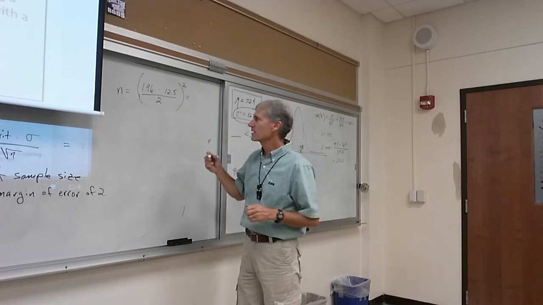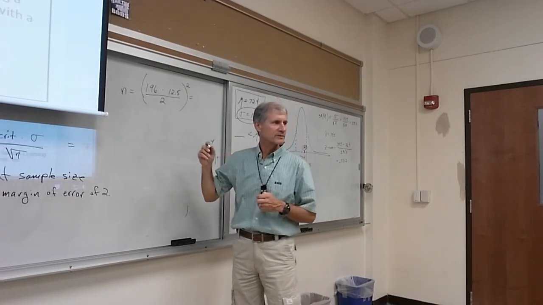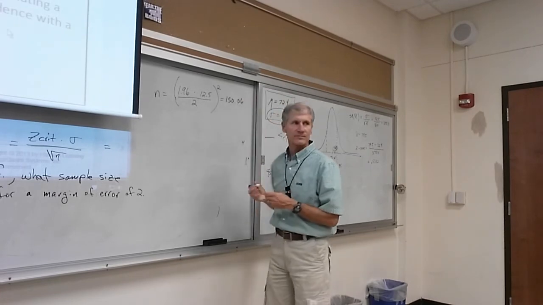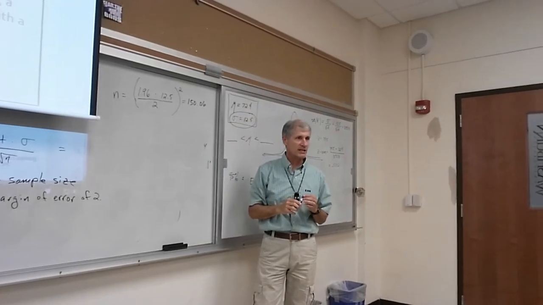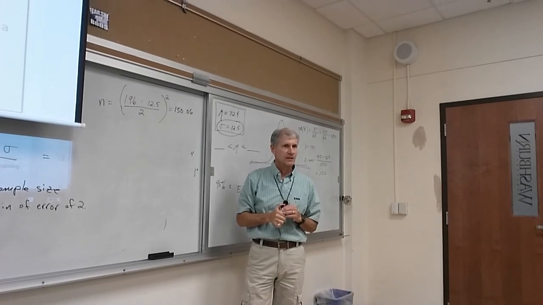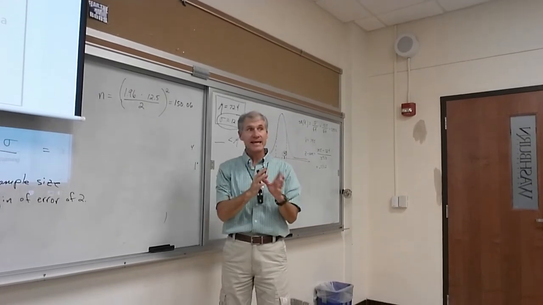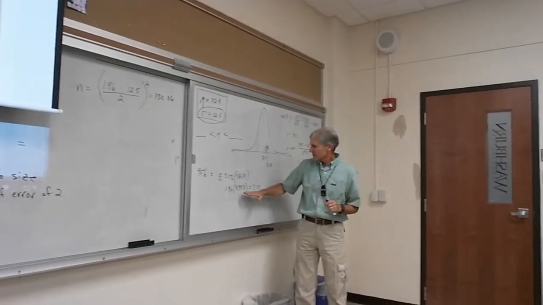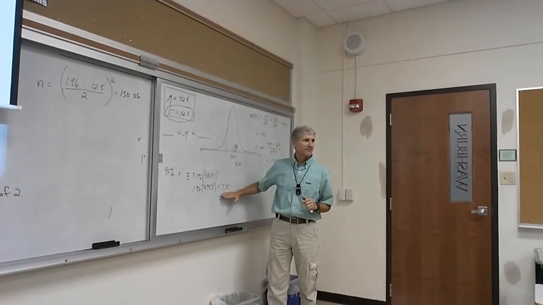150. Give me 2 decimal places. 150.06. Okay? Is everybody matching that? So with a sample size of 10, we had a margin of error of 7.75.